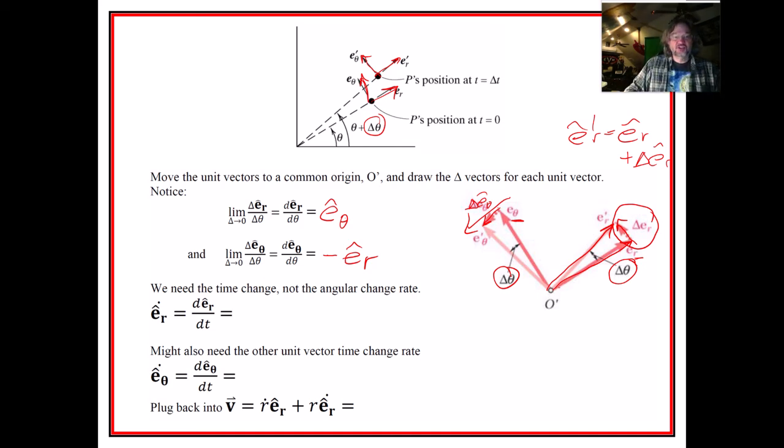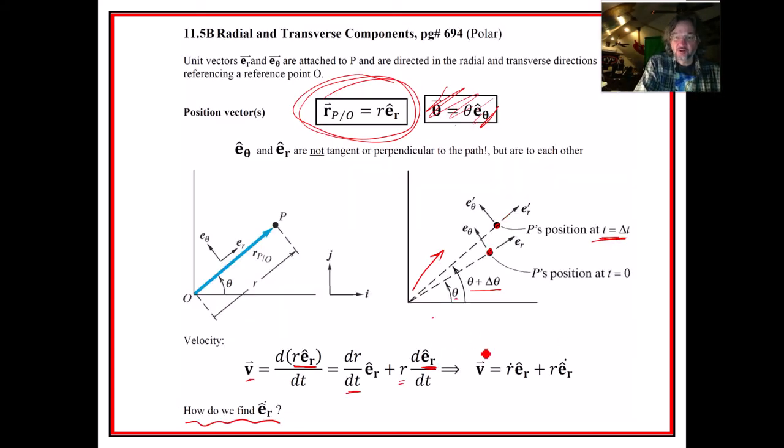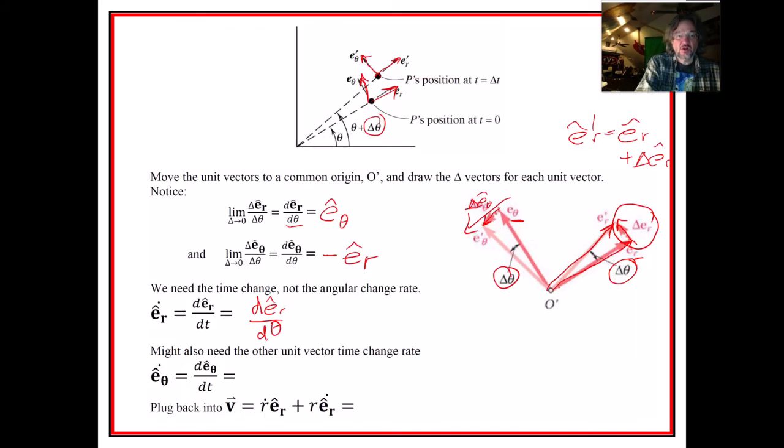Now we can apply the chain rule right here, and we find that de_r d theta is what we've just established up here. But on the previous page we're looking for this in terms of time, and right now we have it in terms of d theta. So what we want to do is multiply by d theta dt.